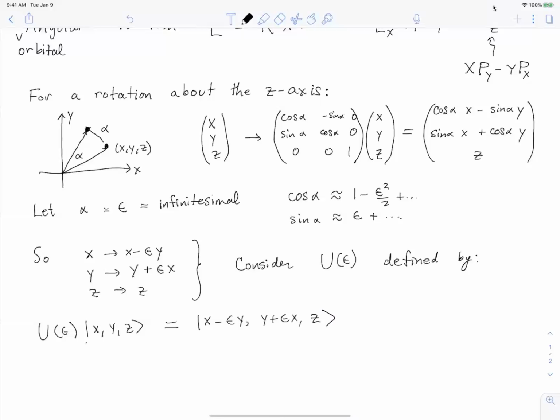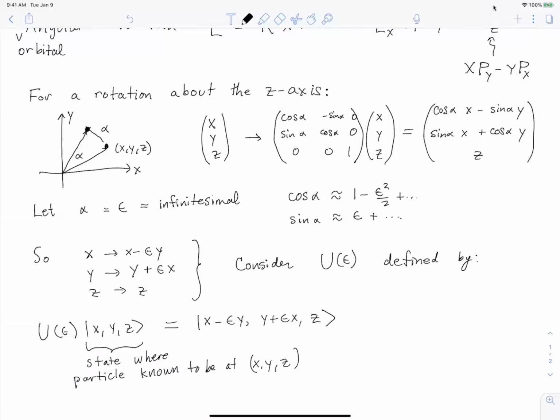Okay, so x, y, z, reminder, this is the state where the particle that we're describing is known to be at the point x, y, z. One way that we would know it was there is that we measured it.